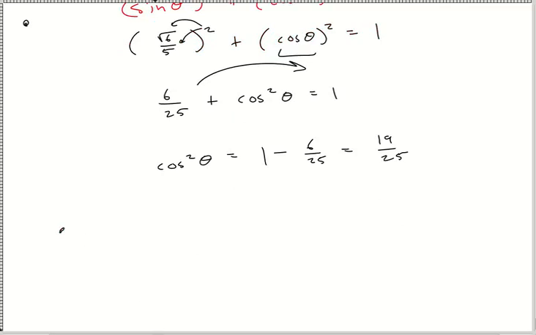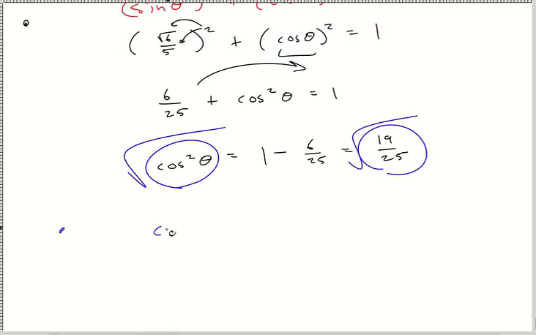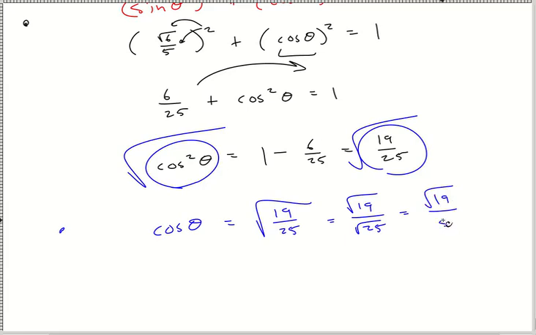So what I'm looking at right now is right here and right here. How do I solve it? I'm going to square root both sides. What that does is it makes just the cosine, which we're looking for, that's my answer, the square root of 19 over 25, like this. Well, you distribute your square root to both of those individually. I don't know what the square root of 19 is, but that's just a 5 down there. And there we go. The end.